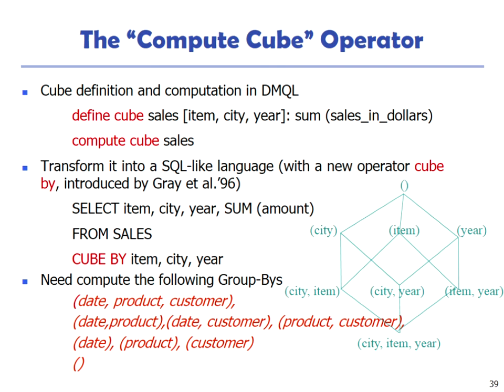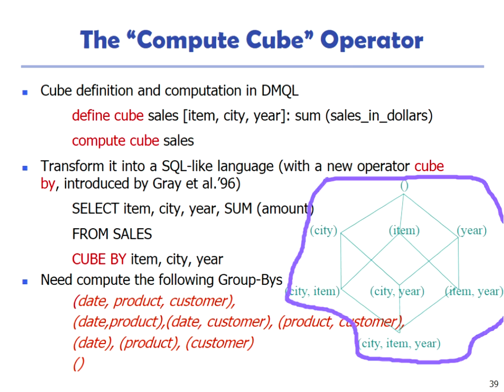Just a moment. The result of this query is to create a cube. We want to create this cube for all the levels, with all the possible combinations. Is it clear?